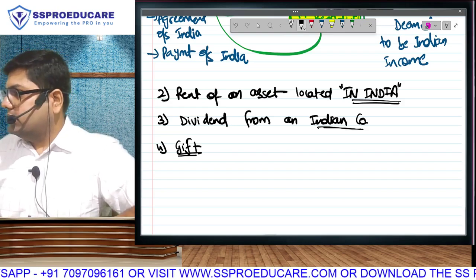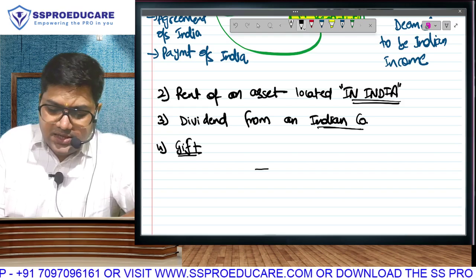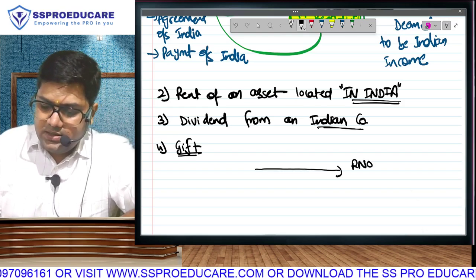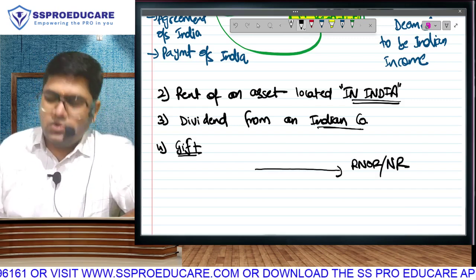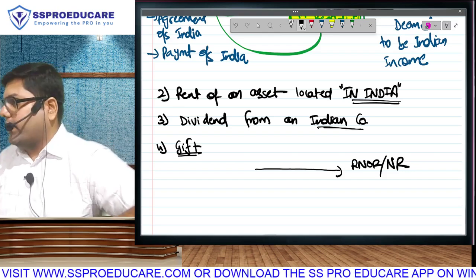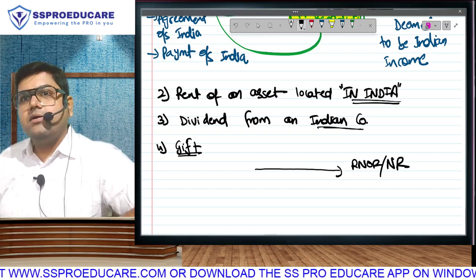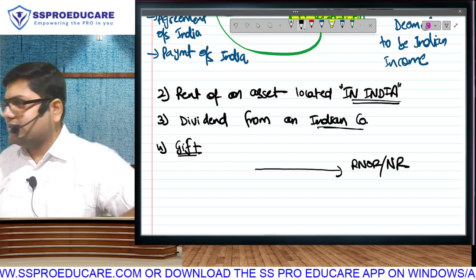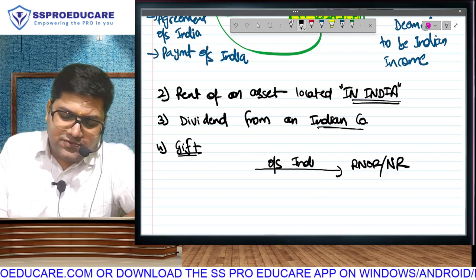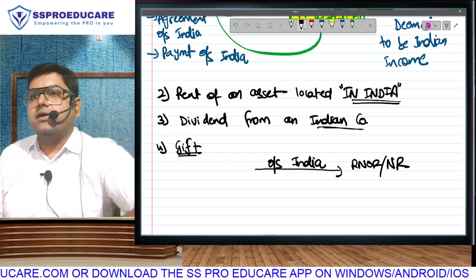Is that clear? This time the gift is being received by RNOR or NR. Because if the receiver of gift is resident, ROR, we don't have to deem it. Even if it is foreign income, it is taxable. Secondly, the receiver has received the gift outside India.